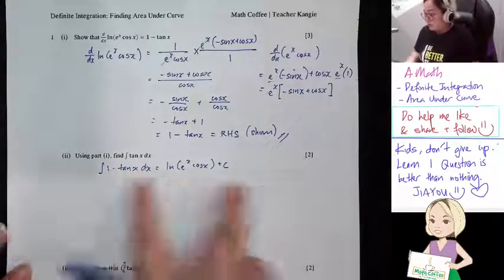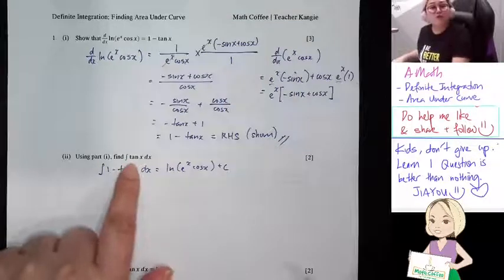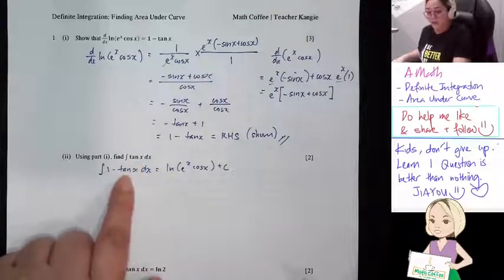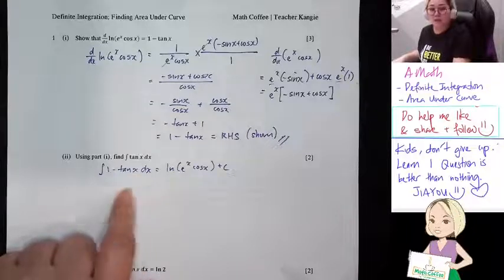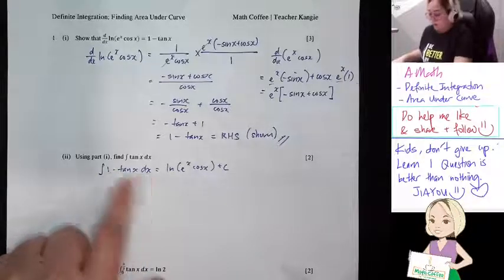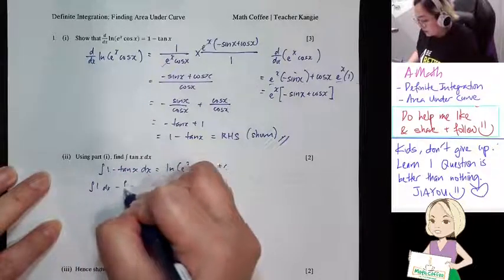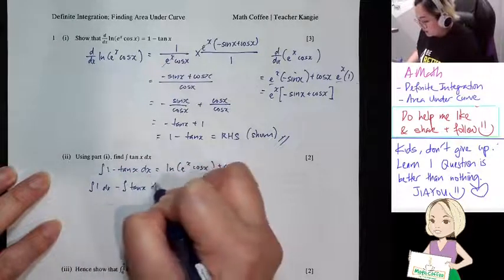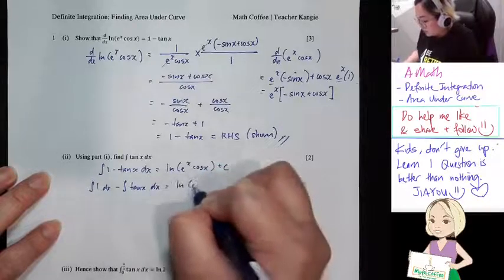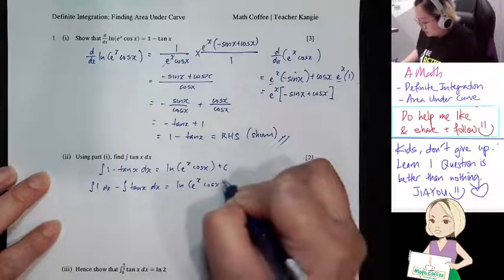In this case, your objective is to solve the integration of tangent x. Do you see that it's actually here? So your task is to make this the subject. Now we can split these two. It becomes integrate 1 dx minus integrate tangent x dx equals ln of e to the power of x cosine x plus c.